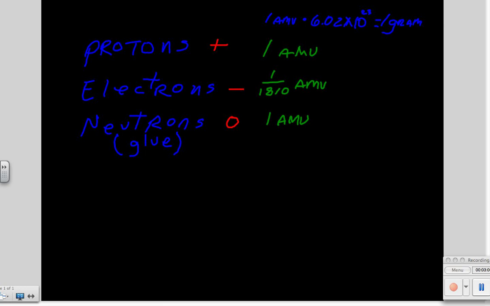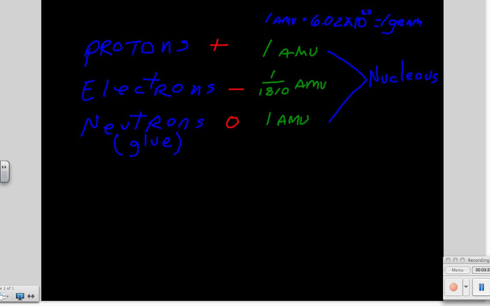But because there are neutrons holding them together, they can all reside comfortably in the nucleus. The electrons are going to be outside the nucleus, and we'll talk about where they're going to be a little later. Right now, protons and neutrons are in the middle, the nucleus, and the electrons surround the nucleus.